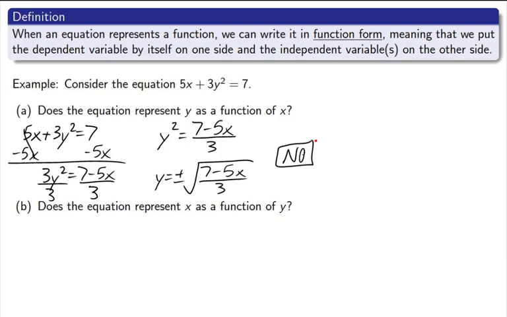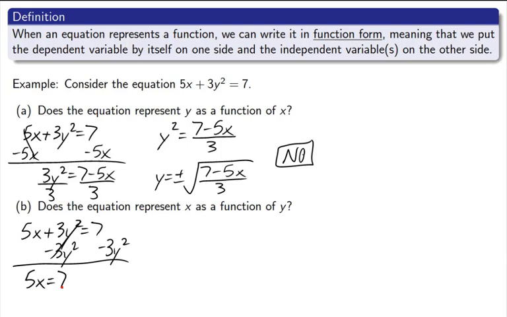Does the equation represent x as a function of y? Let's try this instead. 5x plus 3y squared equals 7. We could subtract 3y squared from both sides, and we get 5x equals 7 minus 3y squared.